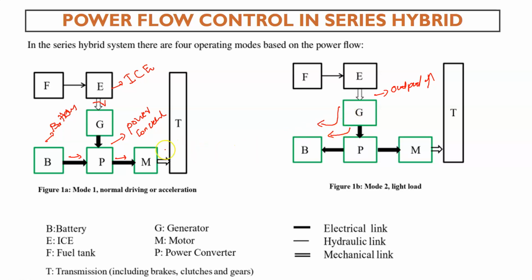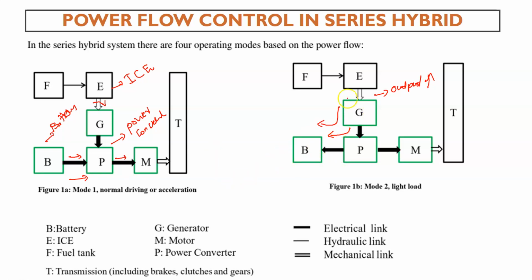In the first mode, the power from the battery flows in this direction. In the second mode, the battery is charging. The excess electricity is used to charge the battery, and this charging will continue till the battery capacity reaches a proper value. This is the second mode.